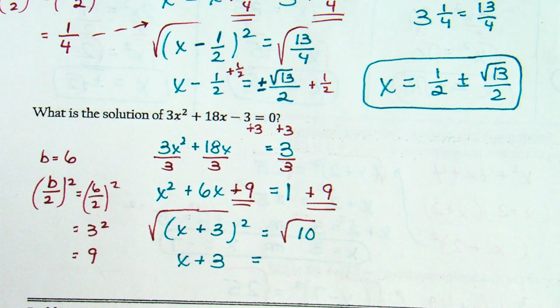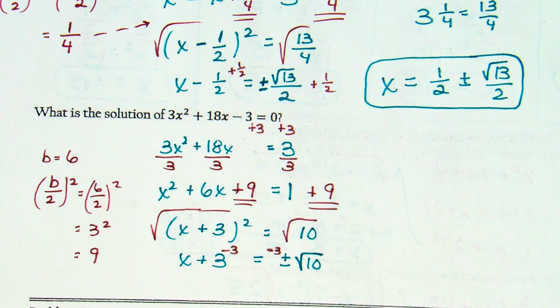Now, you technically write plus or minus radical 10 minus 3. But to me, it's just not good math, though. That plus or minus I'm going to put in the middle, so I'm going to write this as negative 3 plus or minus radical 10. How many answers did I have?